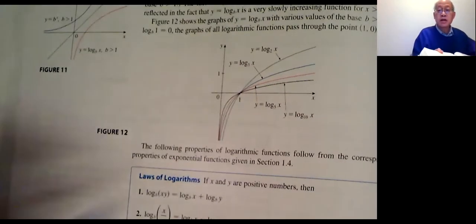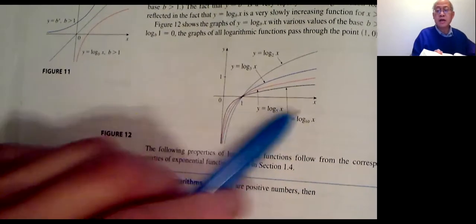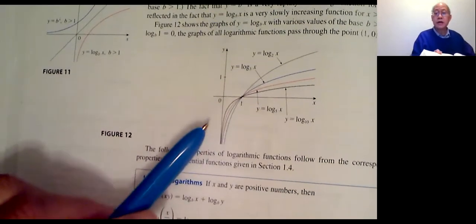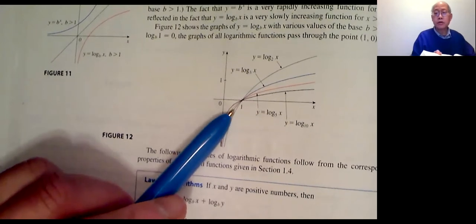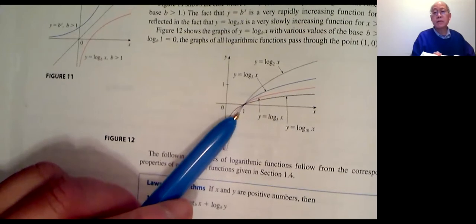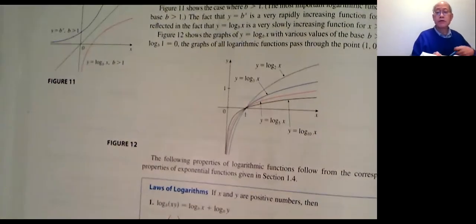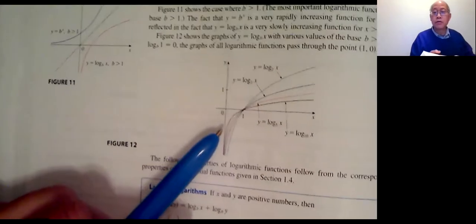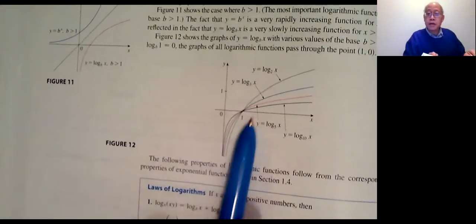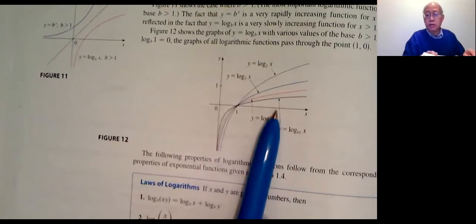And here's a bunch of log functions: log base 2, log base 3, log base 5, log base 10, and so on. They all go through the point 1, 0. If you stop and think about it, that makes sense, because all of the exponentials went through 0, 1. So if you take all their inverses, they all go through 1, 0. This time it looks like the log of the bigger base is below.